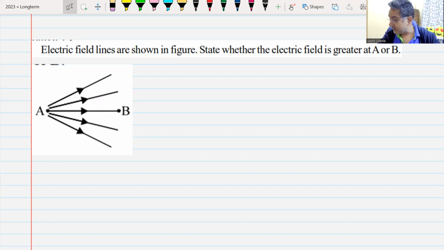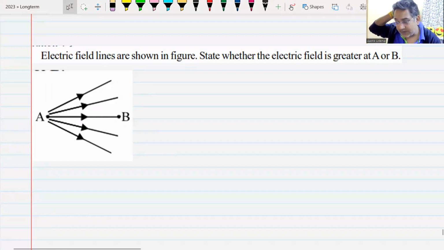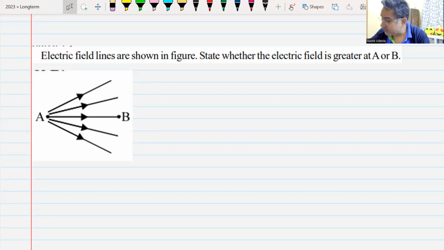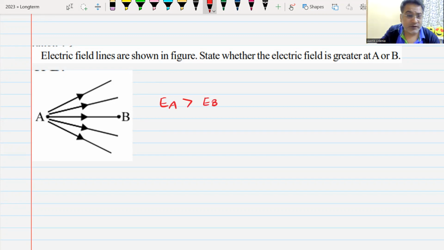At point A. And what is the reason for that? The number of electric field lines is more at point A, and therefore the electric field magnitude at point A is more than at point B. Do we understand this? Yes, sir.